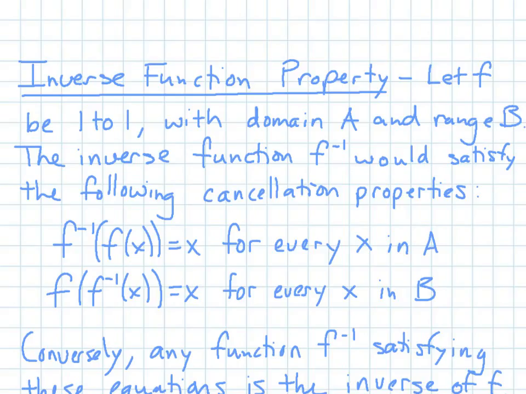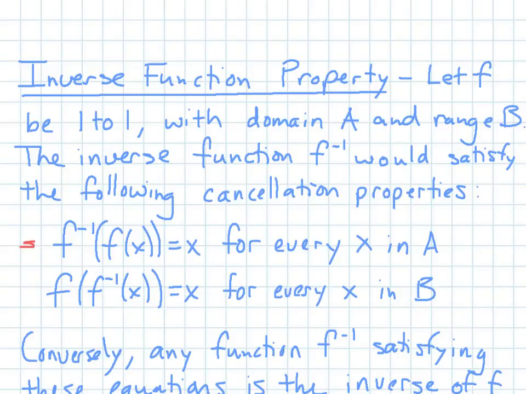Now, one property of inverse functions that we can use to help prove if two functions are inverses of each other is: let f be 1 to 1 with a domain A and a range B. The inverse function, f inverse, would satisfy the following cancellation properties. Okay?